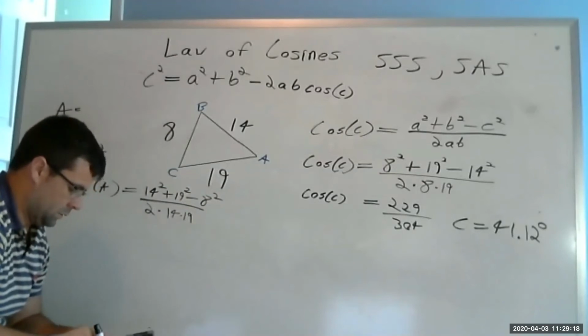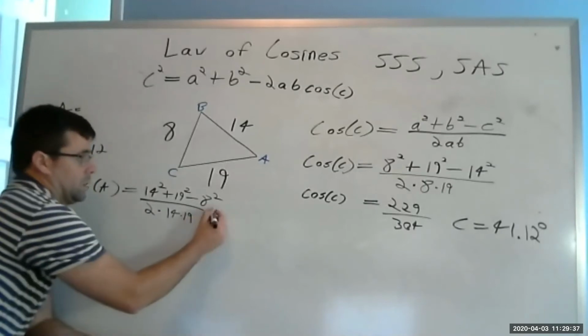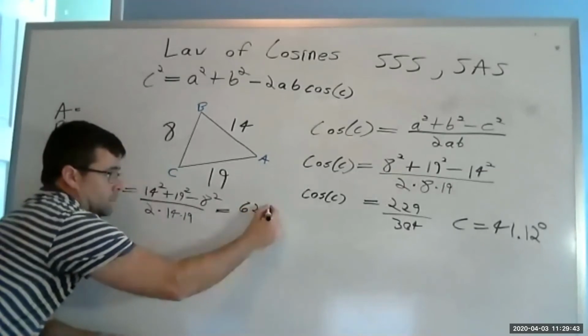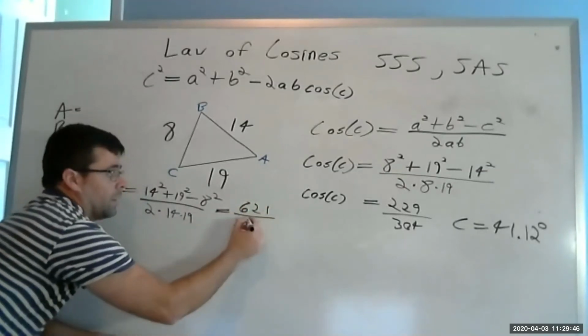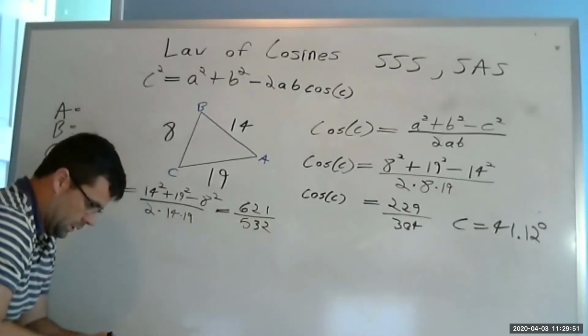So 14 plus... so I get 621 over 532 and arc cosine of that.